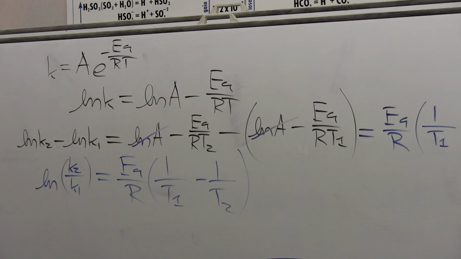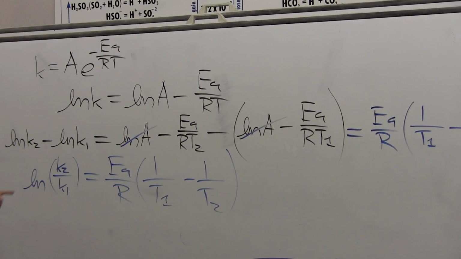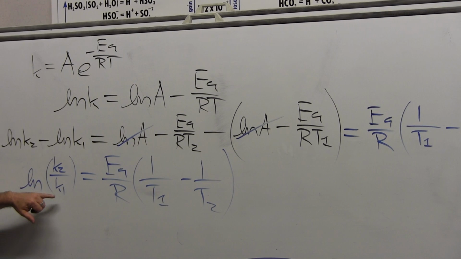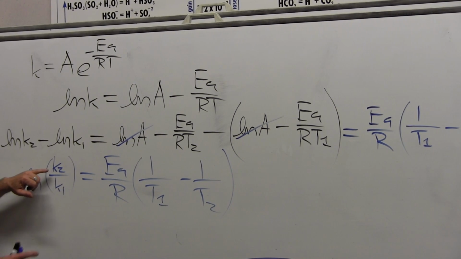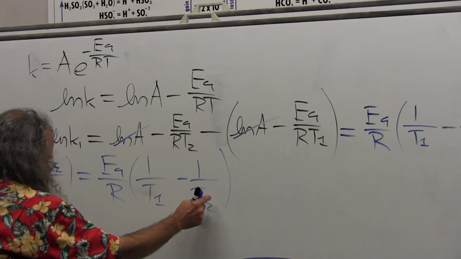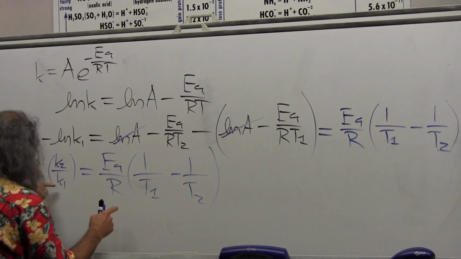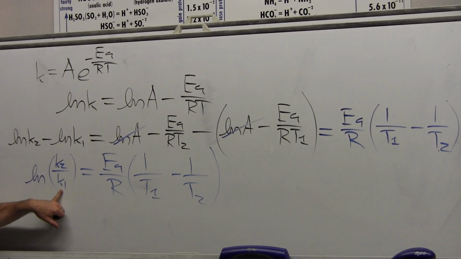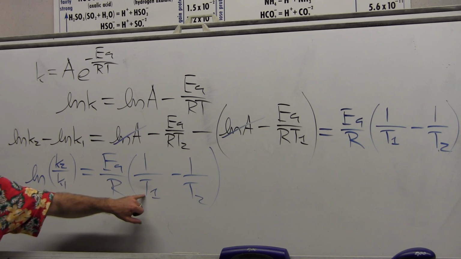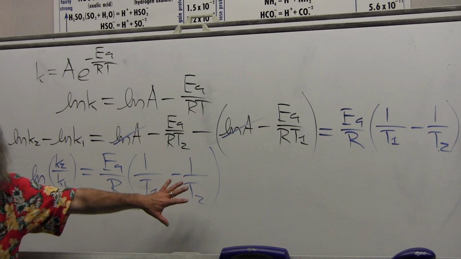Please note the features: k2's on top and k1's on the bottom. k2 is the second term, and the term that's subtracted; k1 is on the bottom, and it's also the first term on the right-hand side.